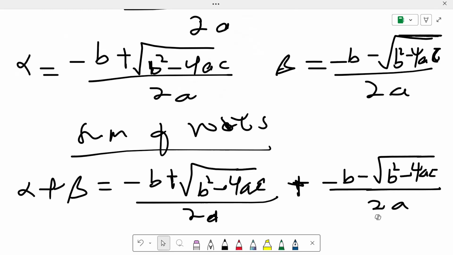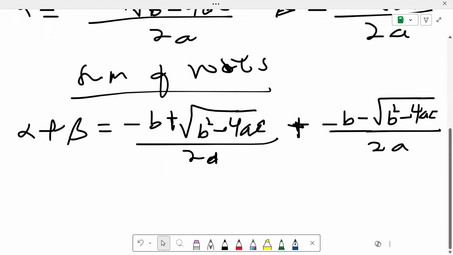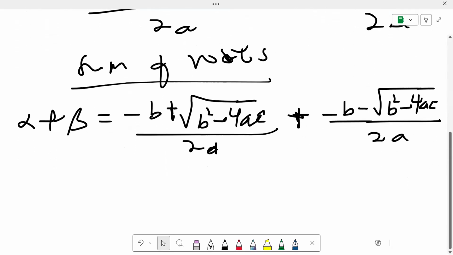Good. So we want to move on. Now, because we have their LCM as 2a and 2a, we can straight away move on and do the simplification.